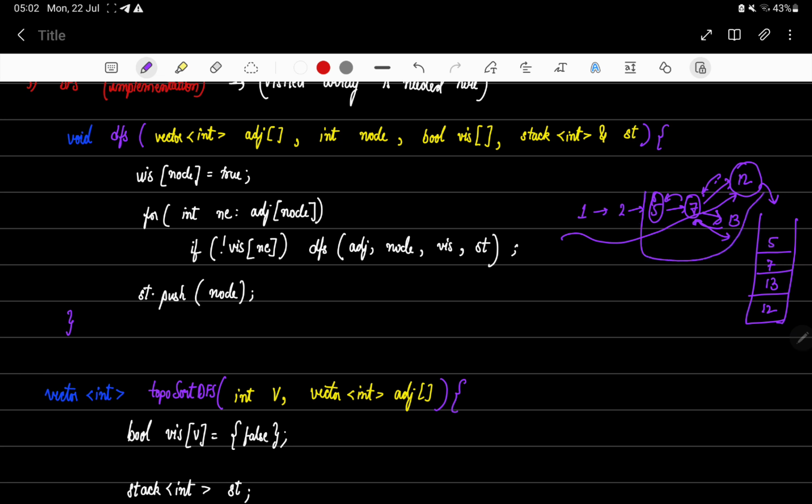So over here, if we consider this part, if we are popping it out into our answer, then we will have 5, 7, 13 and 12, which is our correct linear ordering, because what we are doing is we are pushing that element which is the farthest, in the sense the least, which has all the dependencies resolved.